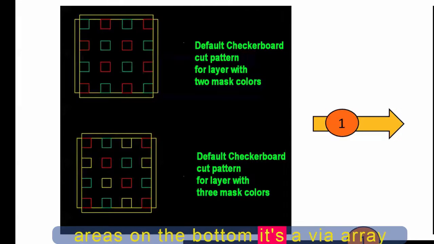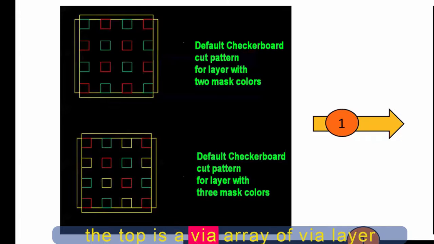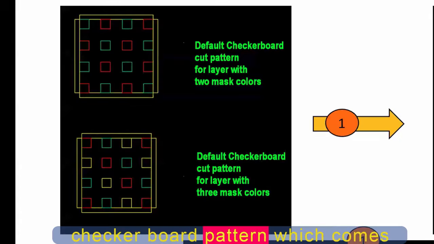On the bottom, it's a via array on a via layer which has three colors, and the top is a via array of a via layer which has two colors. By default, this is the checkerboard pattern, which comes up in the tool.